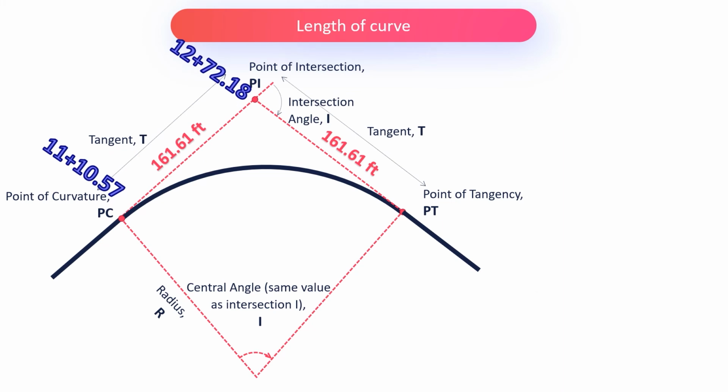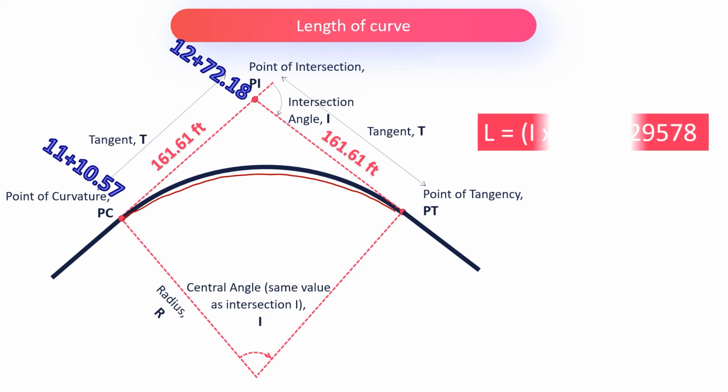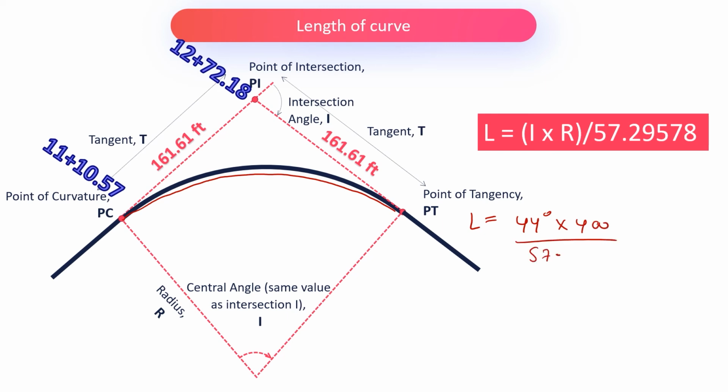So the next is the length of the curve. So how do we calculate this length of the curve? We use this equation, L equals I times R divided by 57.29578. So I is the intersection angle and R is the radius. So L equals I, which is 44 degrees, times radius 400, and you divide this by 57.29578.